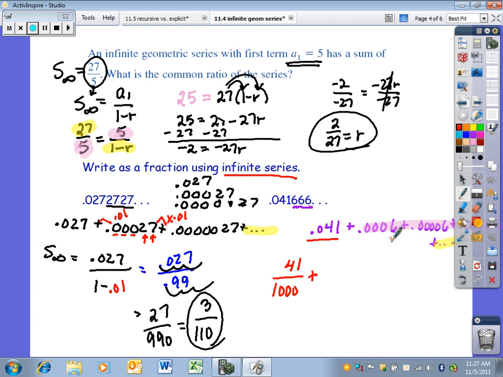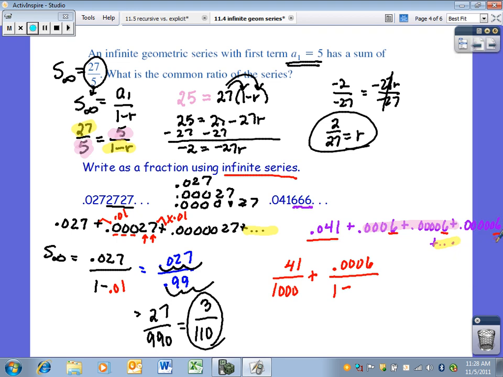So my first term, 0.0006, divided by 1 minus my ratio. Every time I added 1 more place in there, so that would be times 1/10, times 1/10, times 1/10.